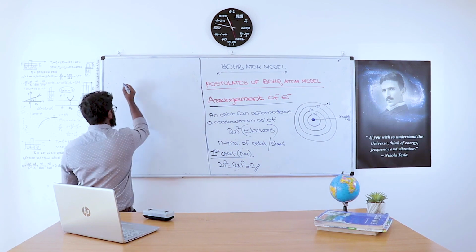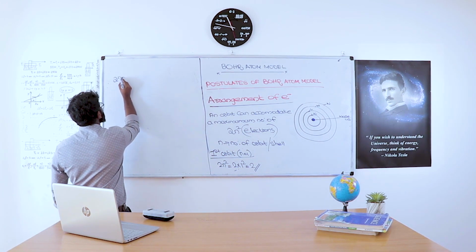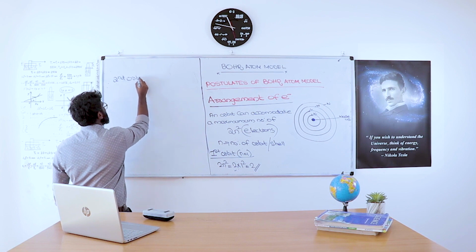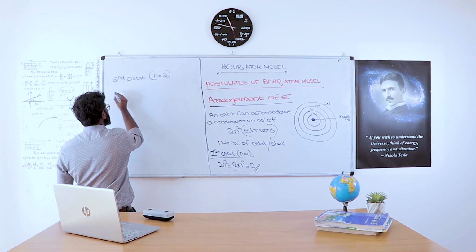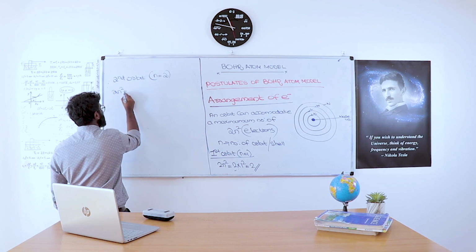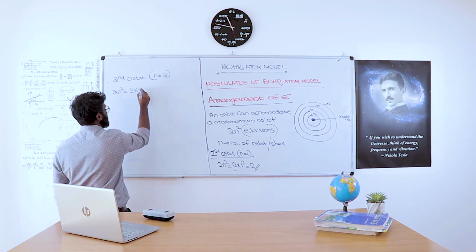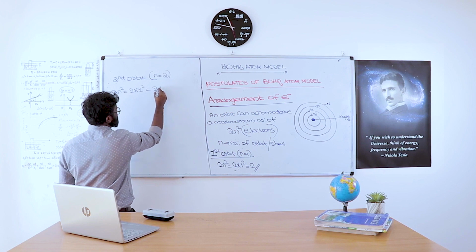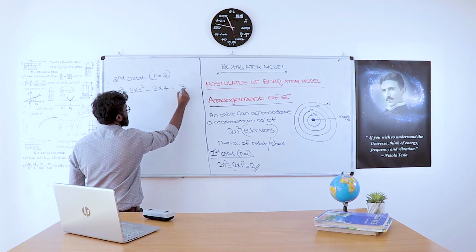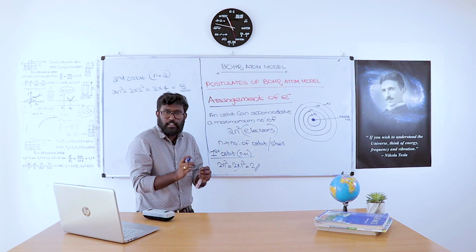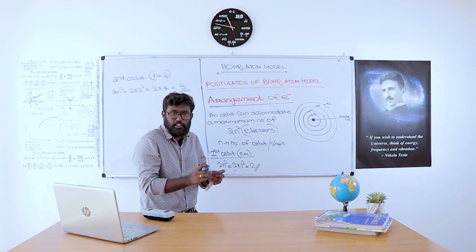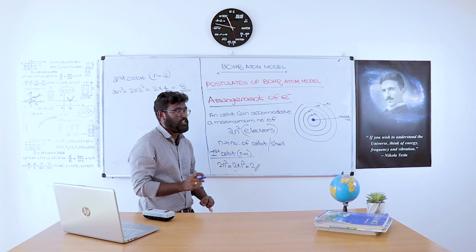What about the second orbit? Second orbit means n is equal to 2. 2n square is 2 into 2 square, that is 2 into 4, which is 8. So a maximum of 8 electrons can be accommodated in the second shell.